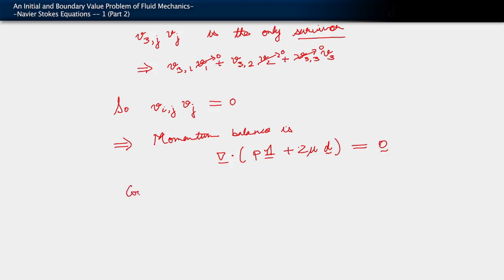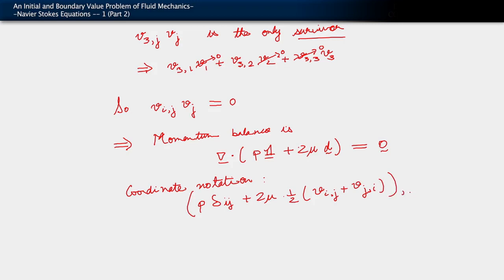So in coordinate notation, we have P delta ij plus 2 mu times 1/2 Vi comma j plus Vj comma i, the whole comma j equals 0. And this holds for i equals 1, 2, 3.